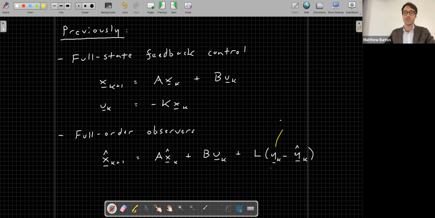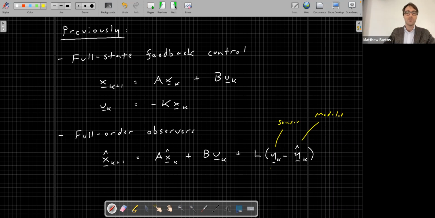So this would be, for instance, sensor measurements. This might be the modeled output. And if we apply this gain term to that difference, we can essentially force the artificial system to track the behavior of the real world system. Okay, and that we called a Luenberger observer. So that's just a general class of state observers or state estimators that can be used to essentially create real-time estimates from some set of observations along with some model of the system.